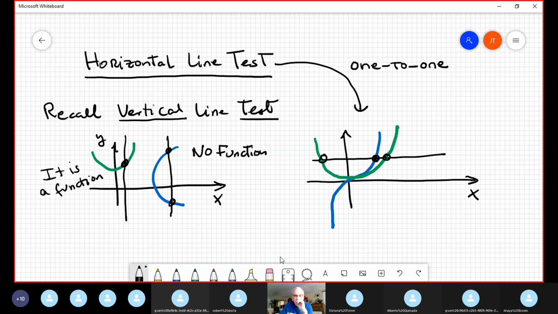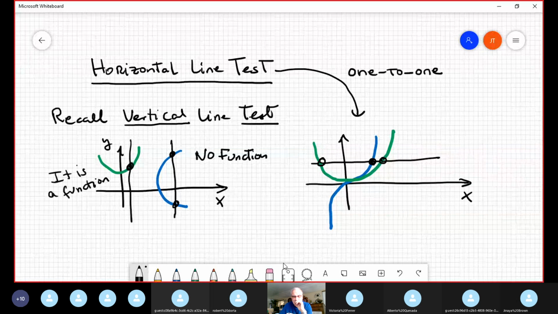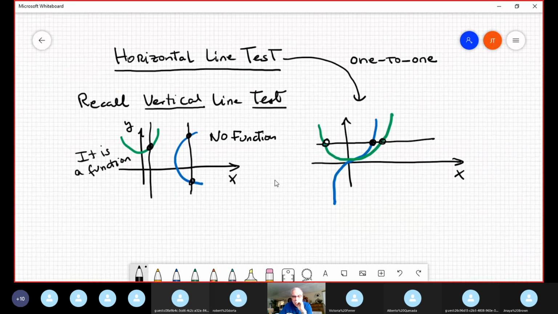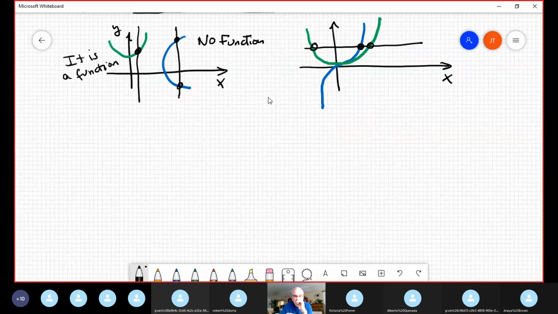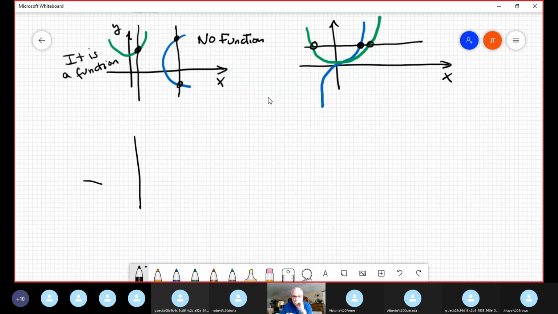So you say, well, professor, wait, then the parabola has no inverse function. Well, yes and no. The original parabola, look at that, like that, is not a one-to-one function.